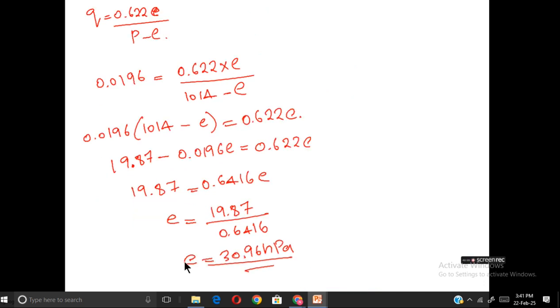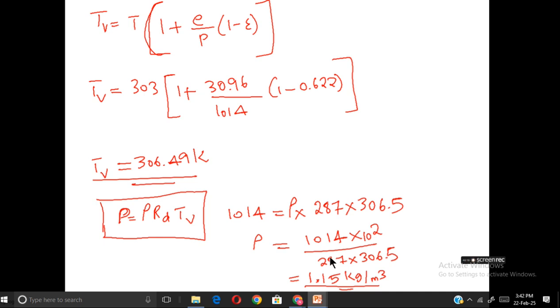And while calculating the value of vapor pressure, we took the total pressure 1014 hectopascal only. That's why we got the vapor pressure in hectopascal. But here we are calculating density, so pressure has to be converted into pascal. It is always better to convert it into pascal and then use the equation to avoid mistakes. So the answer is 1.15 kilogram per meter cube.